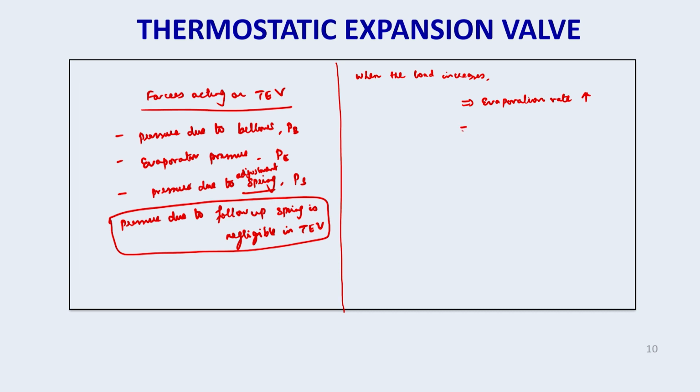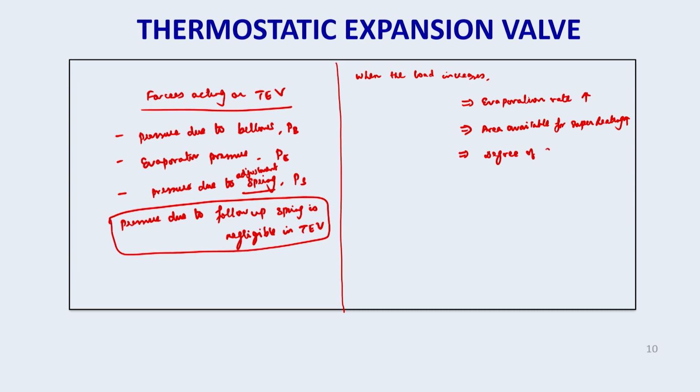If the rate of evaporation increases, the area available for superheating also will increase, which will increase the degree of superheat.